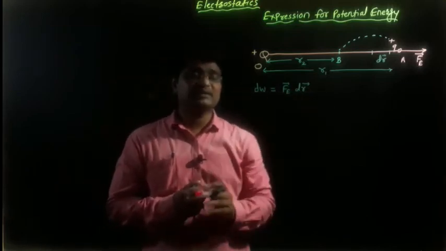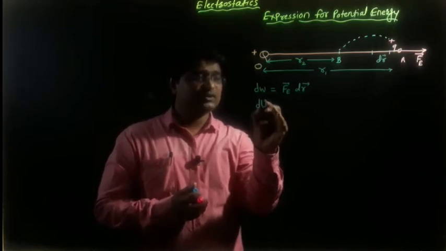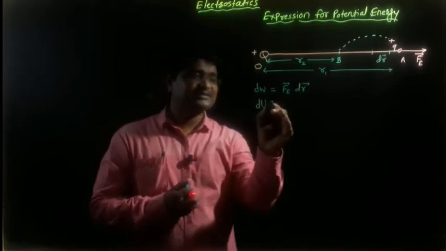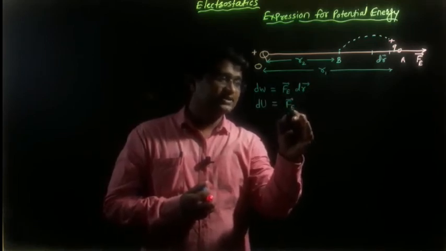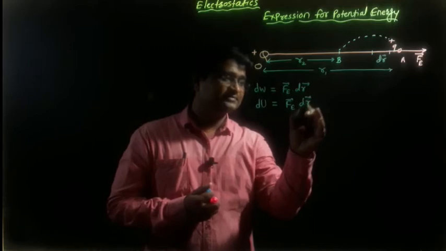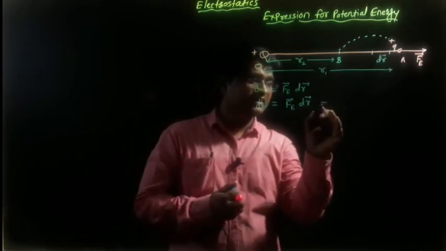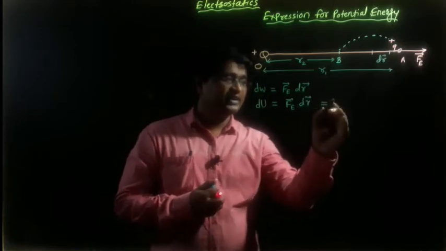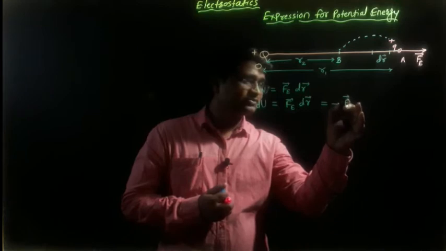This work done is stored in the form of energy, and we know that this energy is called electrostatic potential energy. So this electrostatic potential energy is the electrostatic force into the displacement dr. But in this expression we can write, and it is very essential, a minus sign with the electrostatic force.